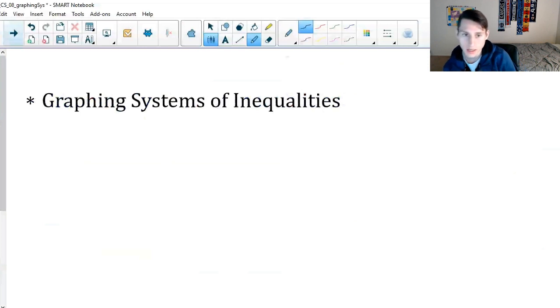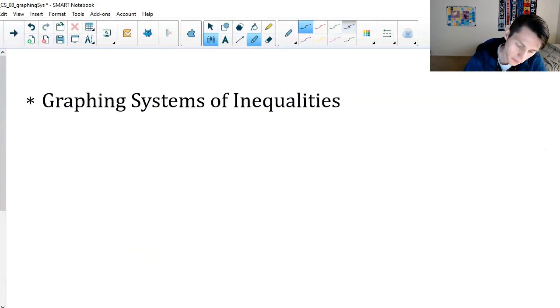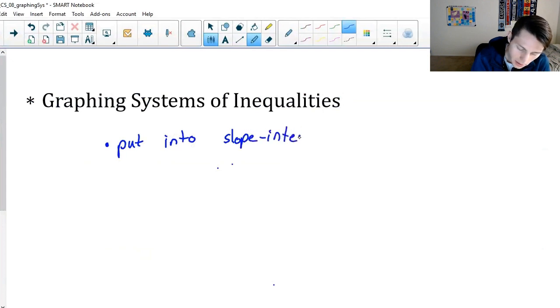Okay. So next up, talking about graphing systems of inequalities. All right, so we have various rules here that we can remember. But our easiest way to graph anything is, again, just like we did in the last one. If we need to, we'll go ahead and put it in slope-intercept form, right, y = mx + b.